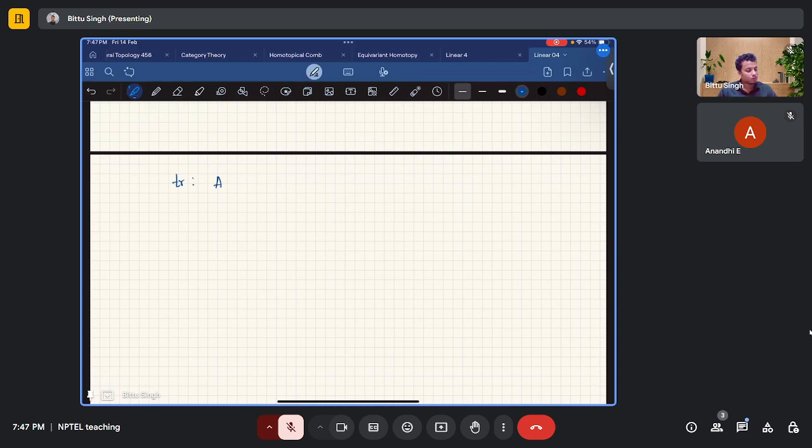The space is M n cross n matrices, and we are taking a linear functional, denoted by tr, which sends M n cross n to the field F. So tr of a_ij, this matrix, it is simply trace, defined as the sum of diagonal elements. So this is the given linear functional.